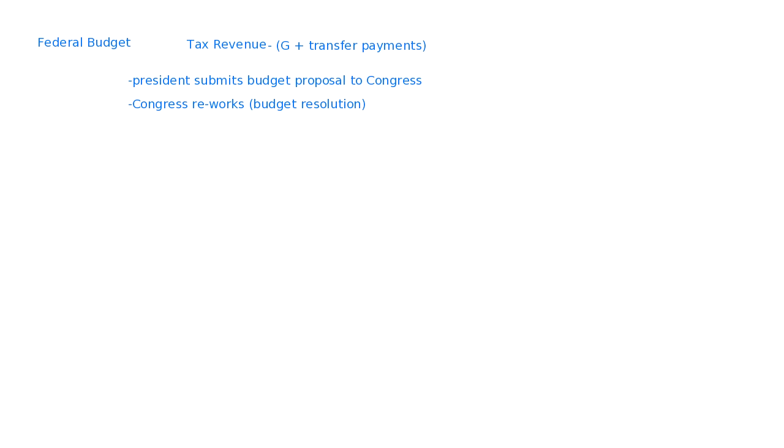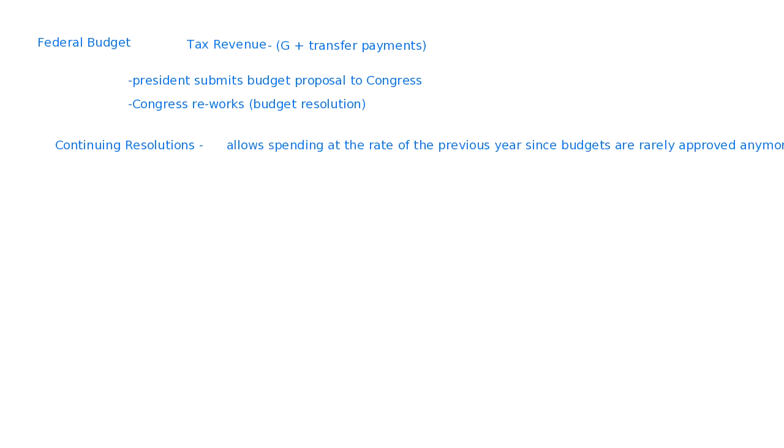Well, it doesn't. So what we do now, we operate on a system of continuing resolutions. And what this means, we are allowed spending at the rate of the previous year, since budgets are rarely approved anymore. I would say they're never approved anymore, but we'll put rarely.